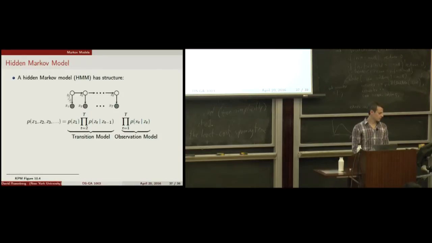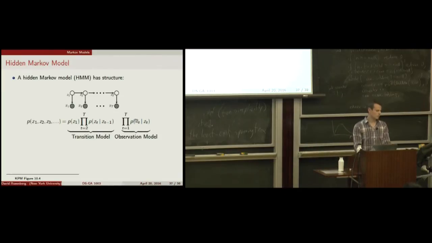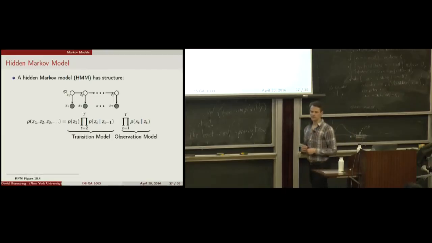Yeah. So one special case of a hidden Markov model, to get to your continuous thing, is called a Kalman filter. A Kalman filter is a hidden Markov model where all of the distributions relating the x to the z and the z's to the z's are, call them linear Gaussians.